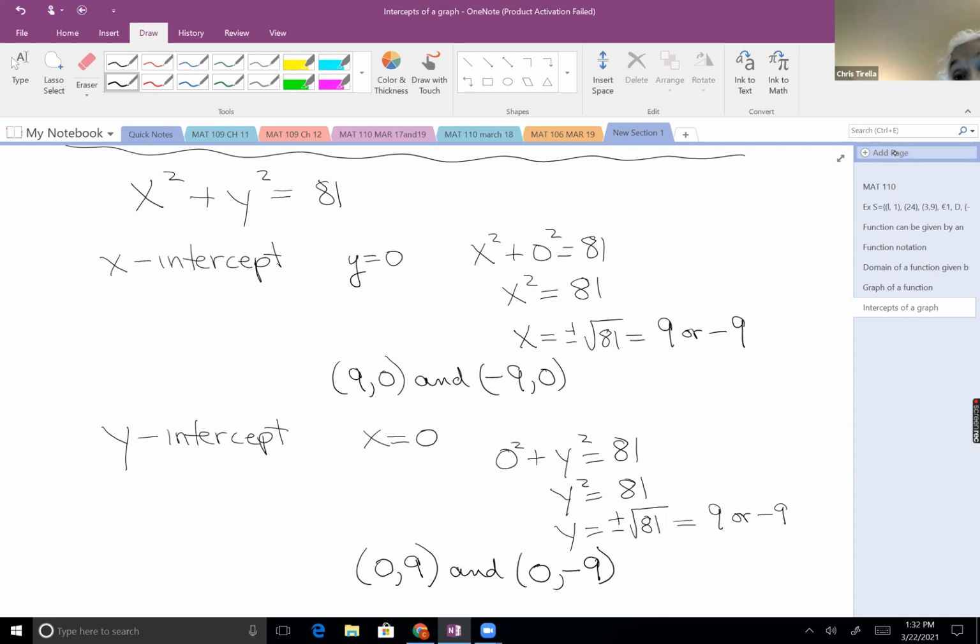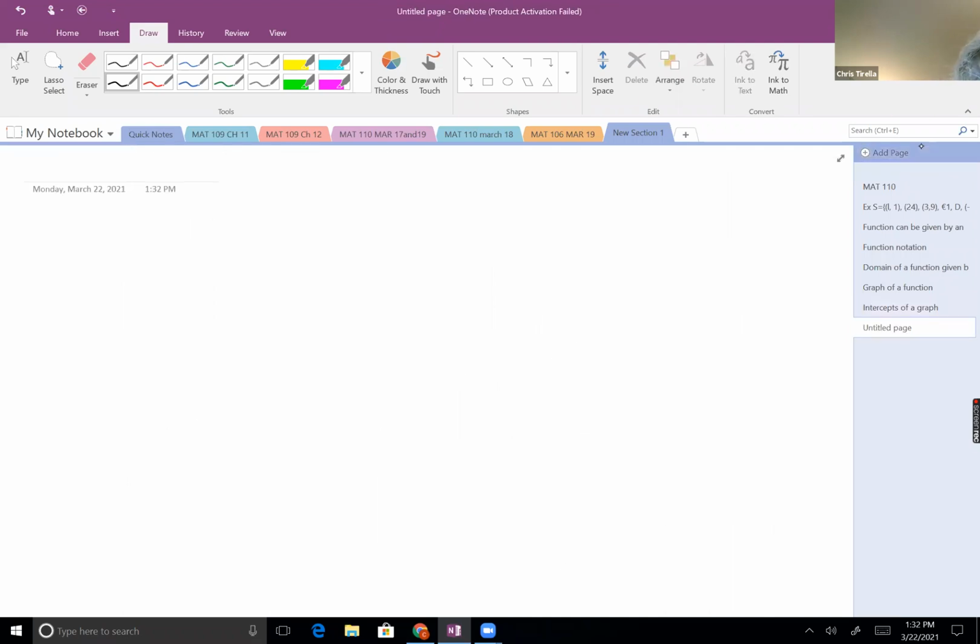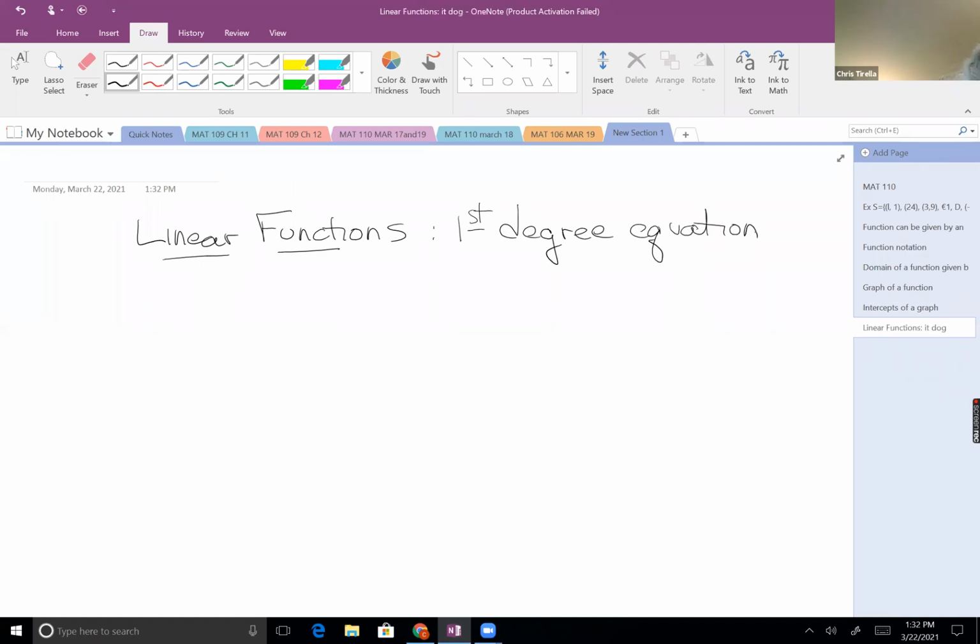If not, a goodly portion of this unit we're just starting is going to deal with linear functions. A linear function is going to be a first degree equation, which again means it only has exponents of 1 in 2 variables.